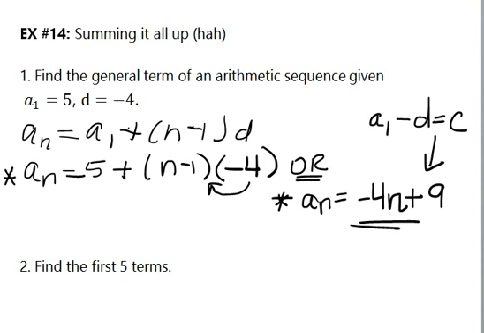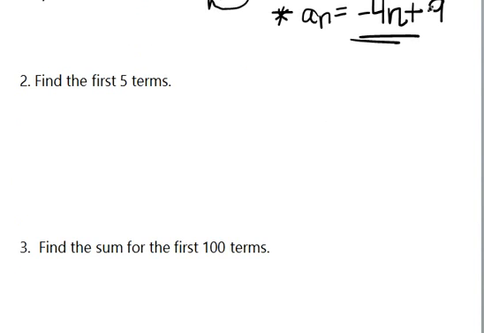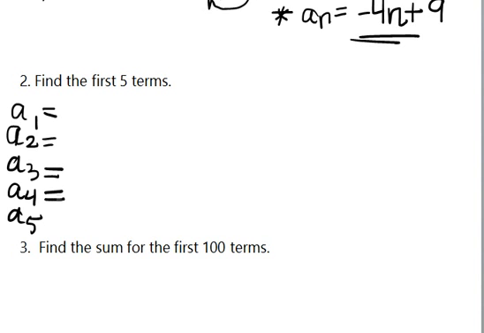And that is number 1. We have found our general term. We are going to use that general term to find the first n terms. And I choose to use the equation on the right, negative 4n plus 9. So I'm going to go ahead and write out the terms that I'm looking for all the way up to a sub 5. And you can see the pattern readily available here.